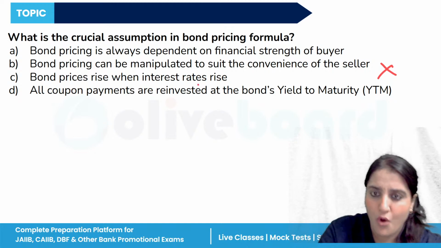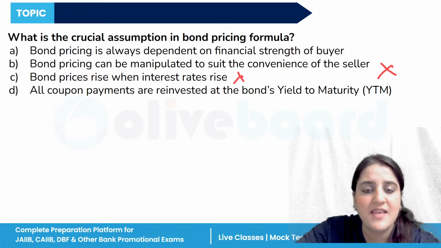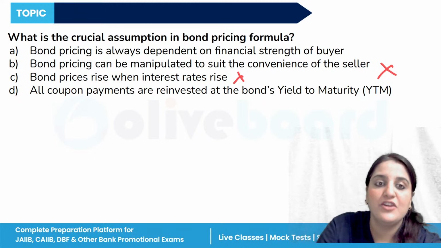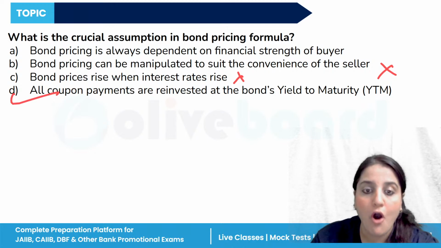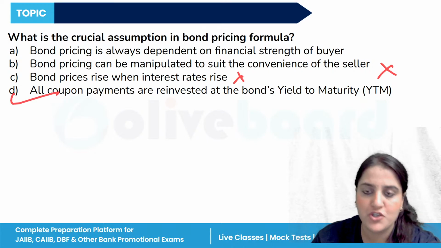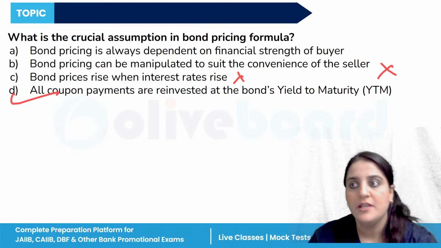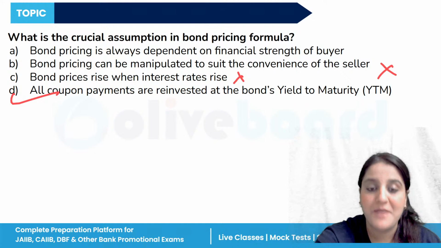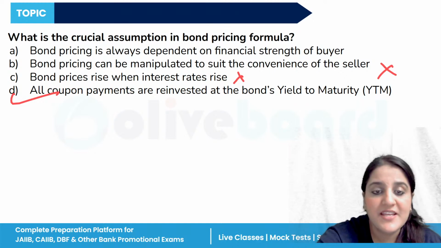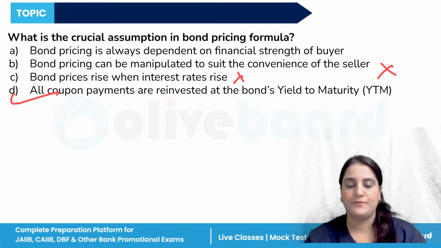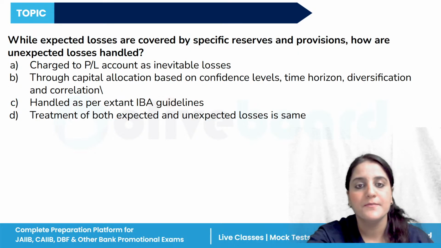This statement is also incorrect, because bond prices actually fall when interest rates rise. And the fourth option, all coupon payments are reinvested at the bond yield to maturity, is the correct assumption. The bond pricing formula assumes that all the coupon payments received are reinvested at the same rate as the bond YTM. So this option is correct.